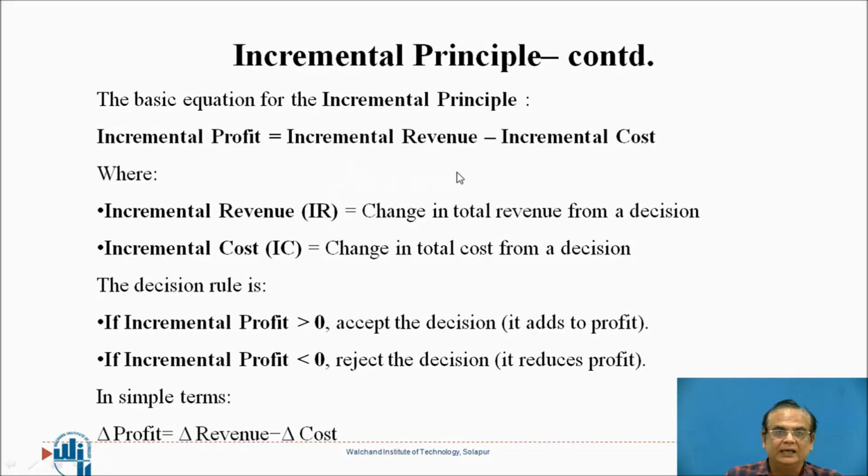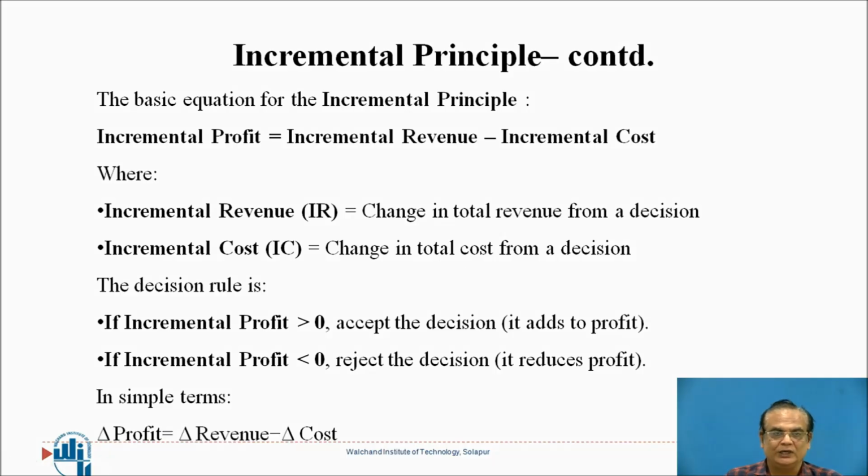Now let us see the basic equation for this principle in managerial economics. Incremental profit is equal to incremental revenue minus incremental cost. Here, incremental revenue is the change in total revenue from a decision, and incremental cost is the change in total cost from a decision.